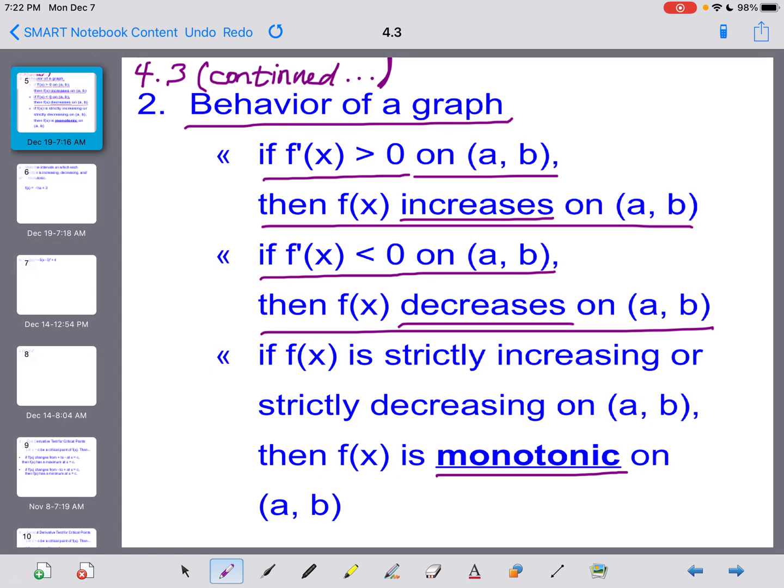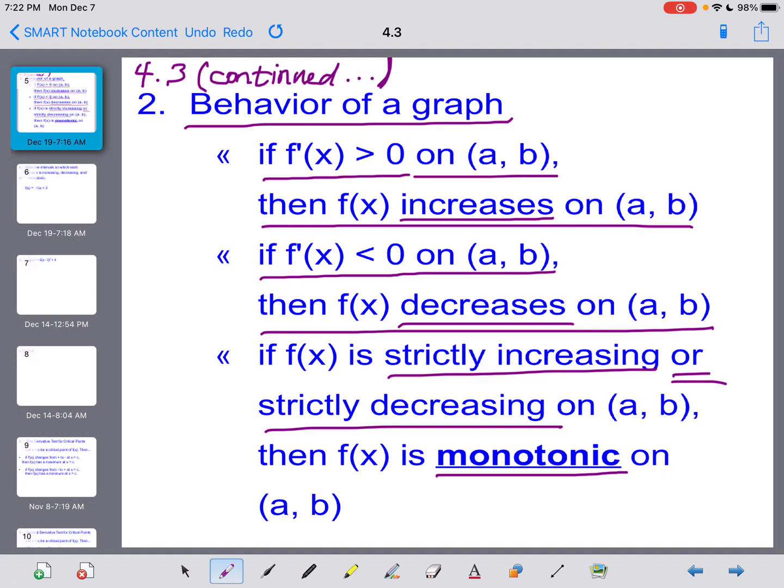Well, in math, we adjust that word a little bit and we make it monotonic. And we say that if f of x is strictly increasing, or, that's important now, or strictly decreasing on an interval from a to b, then we say that f of x is monotonic on that interval.